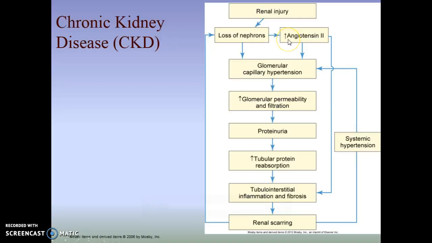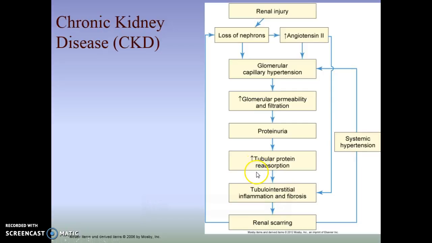All right, then that causes or results in an increase in the angiotensin II release. All right, loss of nephrons gives you a glomerular capillary hypertension. The glomerular permeability and filtration increases in terms of putting protein in the urine.